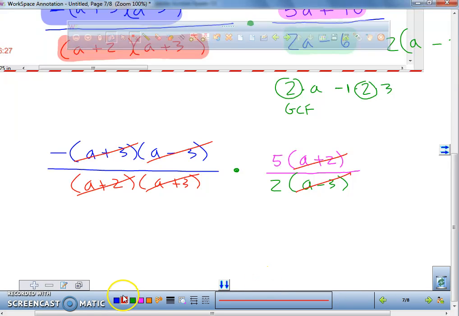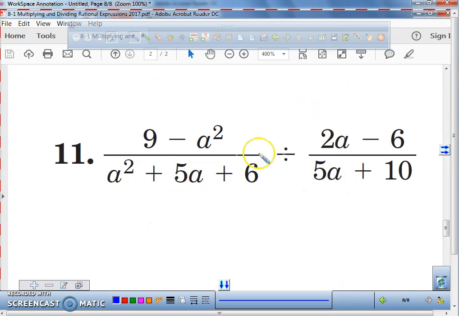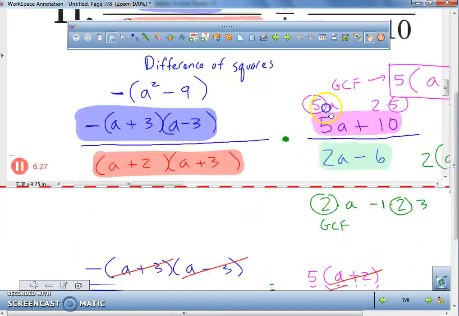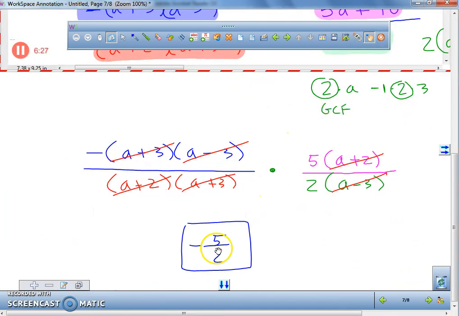What's the only thing we actually see left remaining? I see a negative, I see a 5, and I see a 2. And that's your final answer. I know, crazy. Let's go back. All of this eventually became a what? A -2.5.